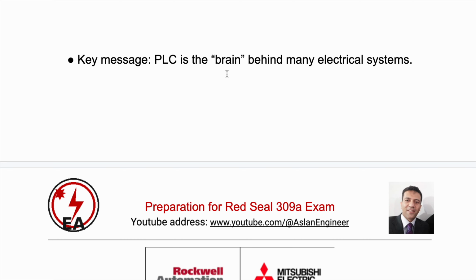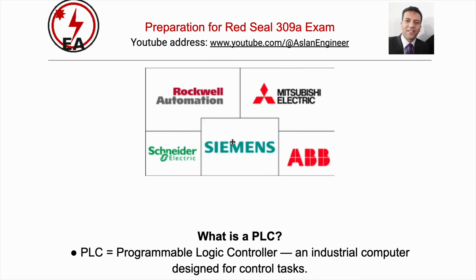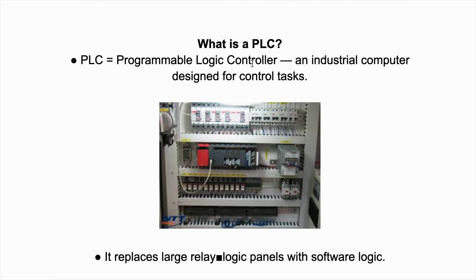First of all, it helps you to pass your exam. There is a brain or processor, with famous brands like Siemens, ABB, Schneider. What is the PLC? A programmable logic controller, an industrial computer. It's like microcontrollers, like FPGAs, like CPUs, like GPUs, like memory units, like digital circuits.